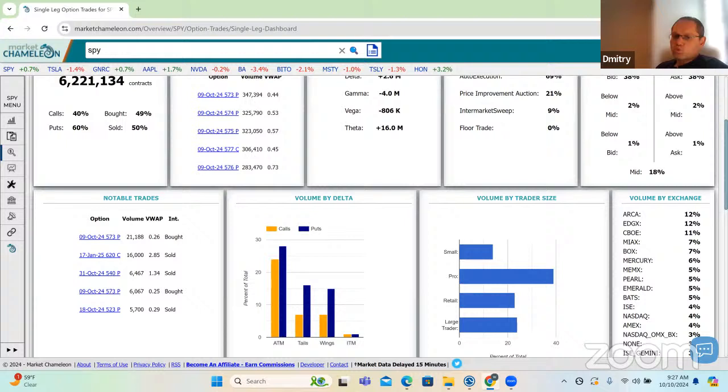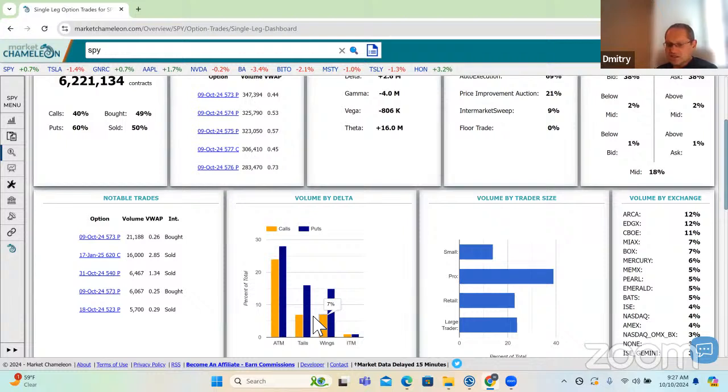So we call those tails. Oh, I'm sorry, those are wings. So sorry, not tails, wings. So the wings are those that are between the 25 and 10 delta range. I think actually 25 and 5 delta range we might have it at. So those need a little bit more movement for the stock to really get there.